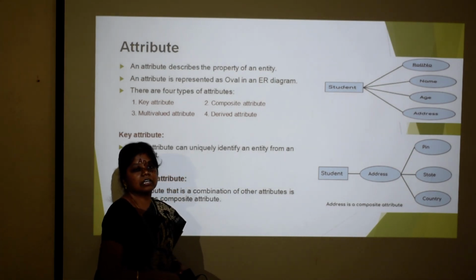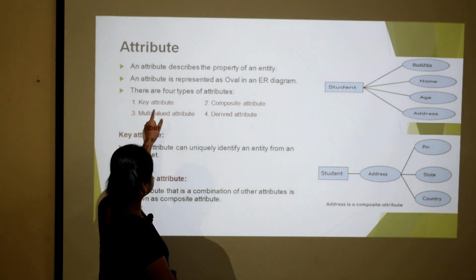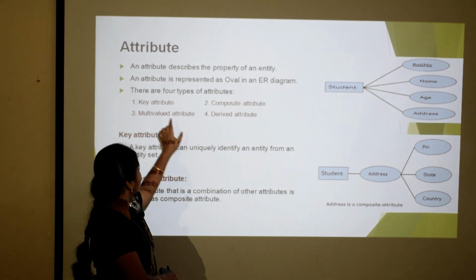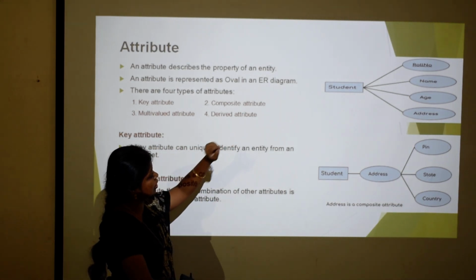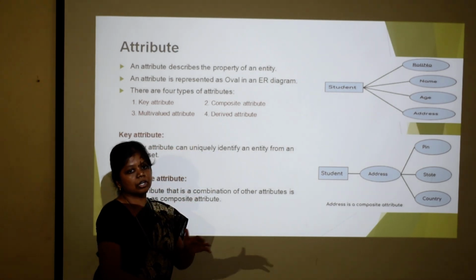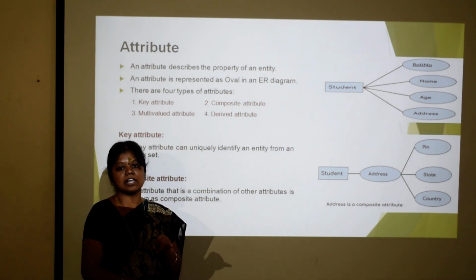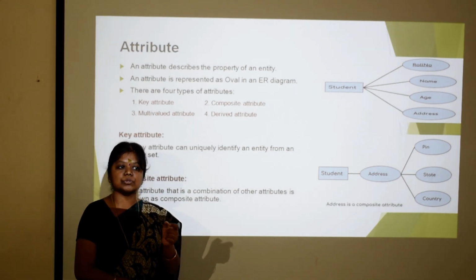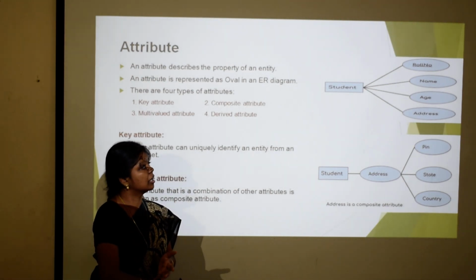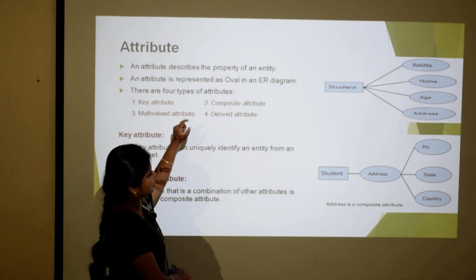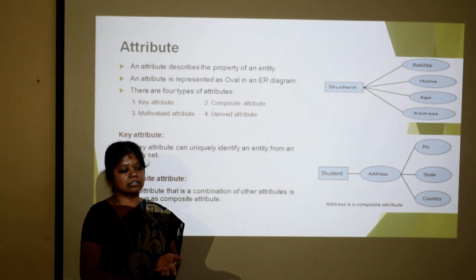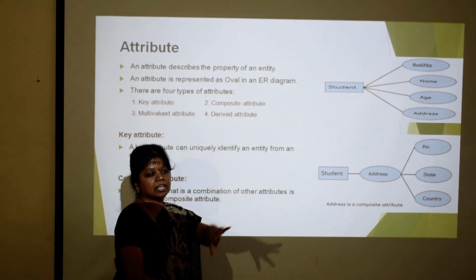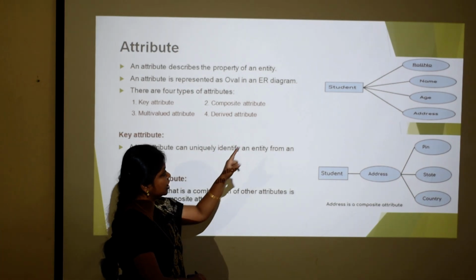When you enter student details, the same name and same date of birth can occur sometimes, so you cannot identify which record belongs to which student. To avoid duplication and repetition of data errors, you use the roll number. If you give a roll number, the person can easily be identified. So that is the key attribute.